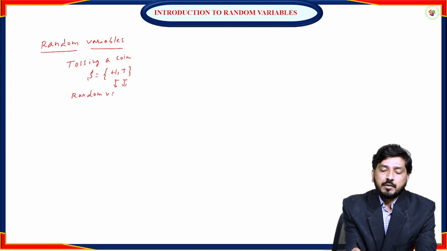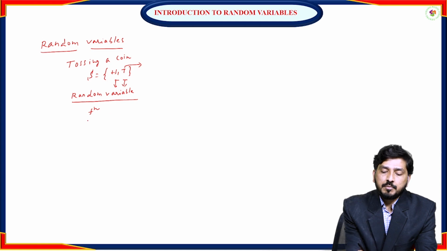Random variables. A random variable is a kind of function which assigns numerical values to the outcomes of a random experiment where the outcomes are descriptive in nature.